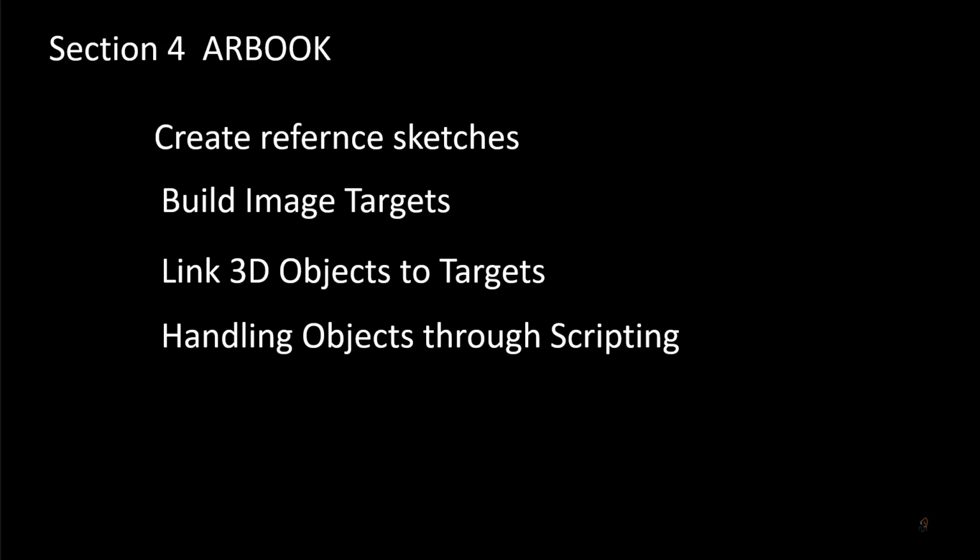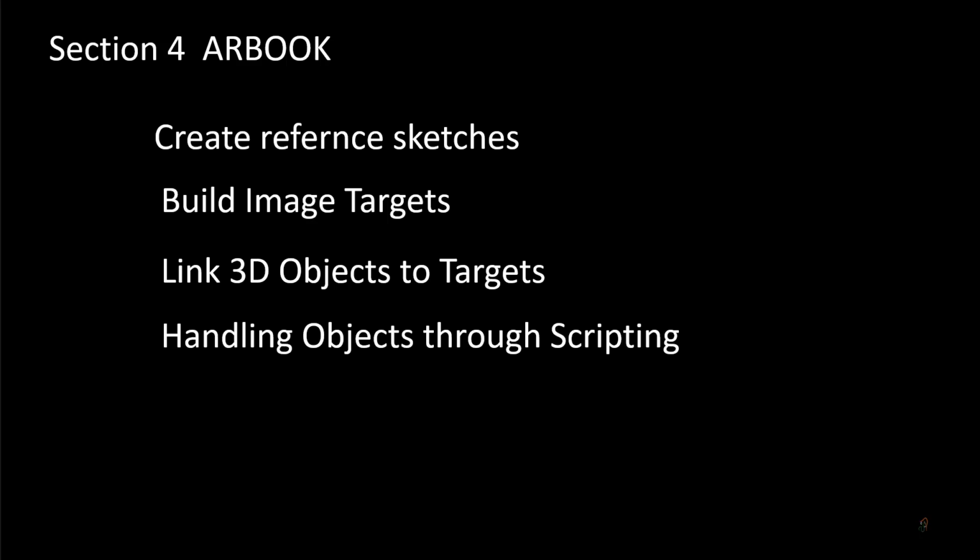Now, in our fourth section, we are going to create reference sketches and build a book for children. This is basically a drawing book for children where children draw some rough sketches, and based on the drawing, the models will be generated, and those models will get triggered when you project over a particular drawing.